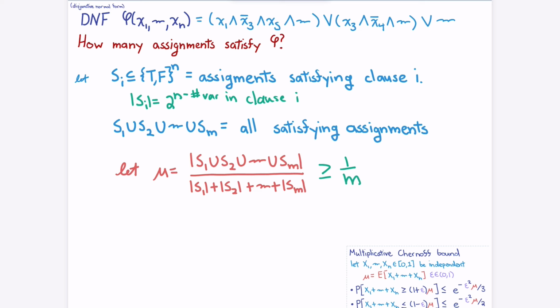Is it in the circle? We can identify the denominator as a choice of a clause and an assignment satisfying that clause. So it's like a tuple, indexed assignments. Now what about the numerator? Remember, all the assignments appear here, but assignments that appear multiple times only count for one.